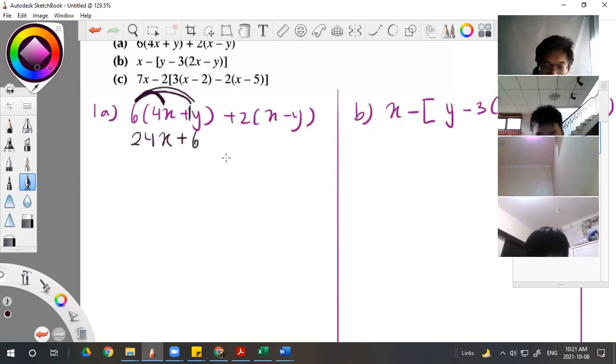Terus ada y-nya nggak? Y-nya ada atau dibuang? Dibuang. Kenapa dibuang? Justru harus ada ya. 6y.